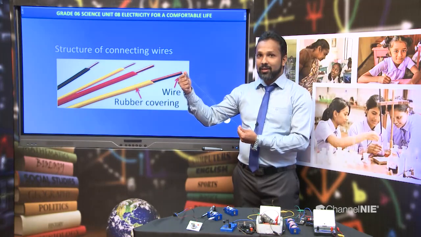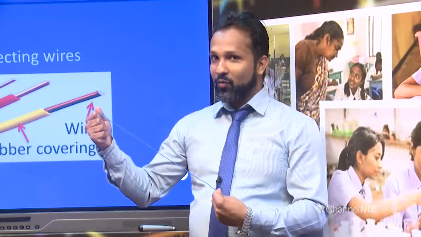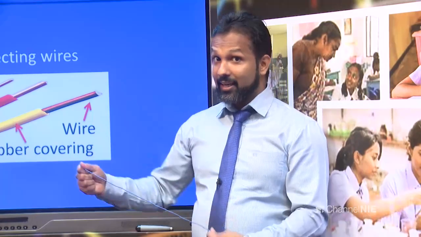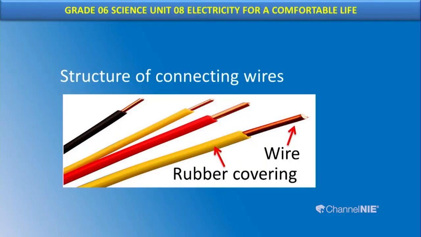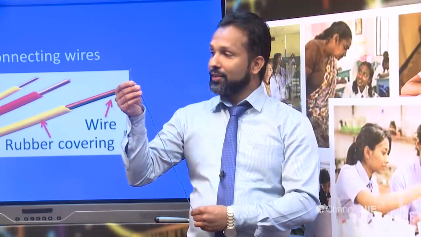But when we draw our attention to the structure of the connecting wire, my dear children, you can understand it very clearly. As shown in this picture, connecting wires consist of a metal wire and also a rubber outer covering. Now, what do you think about the reason? What's the purpose of having a rubber outer covering around this connecting wire?